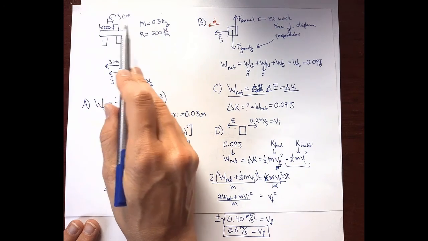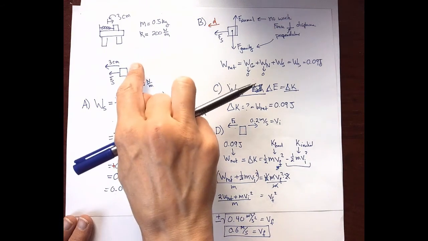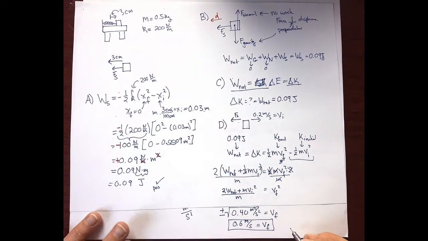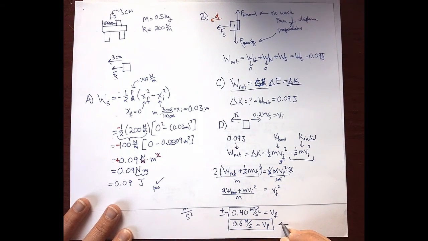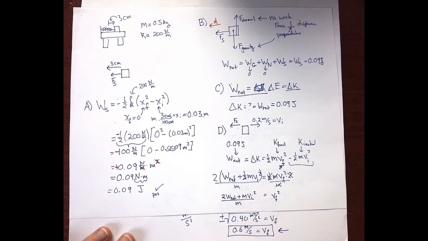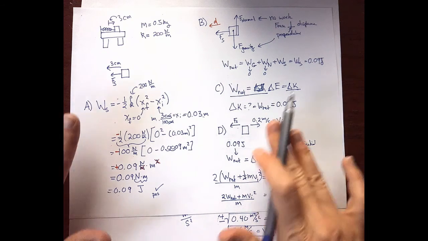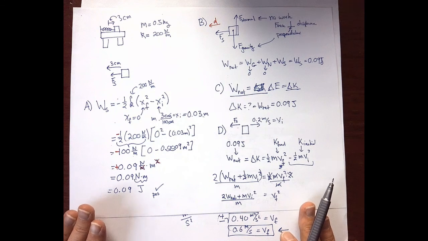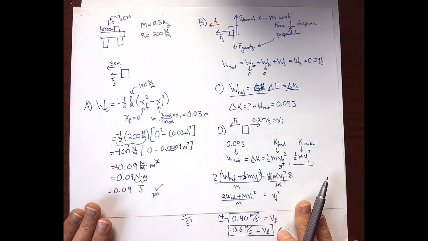But if it gets back to the equilibrium position, it'll go out, and then it has to travel back. So we actually know that this velocity is going to be in that direction. So even though we just got the speed from the math, it could have been in either direction. We can use what we know about the situation to actually get the velocity. It's this magnitude and it's in that direction. And that is how you can solve a spring type problem with the work energy theorem.